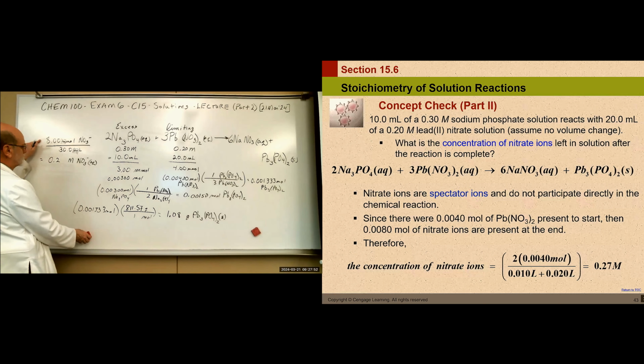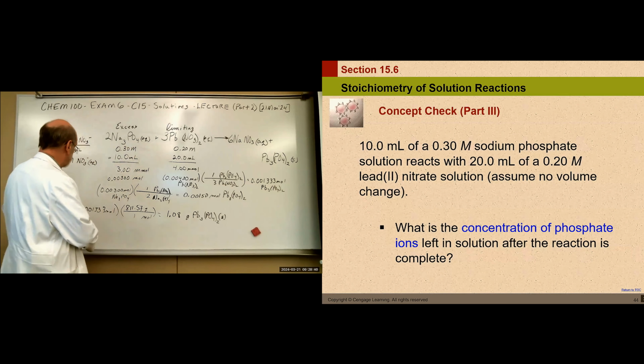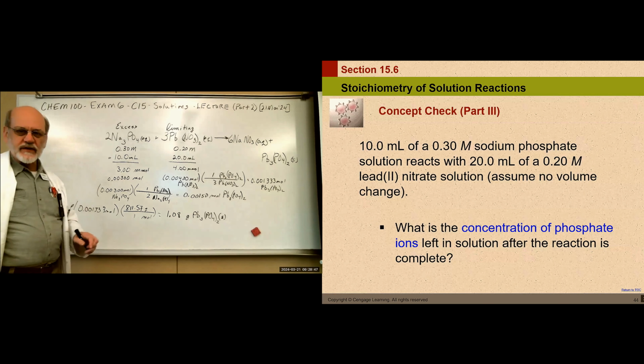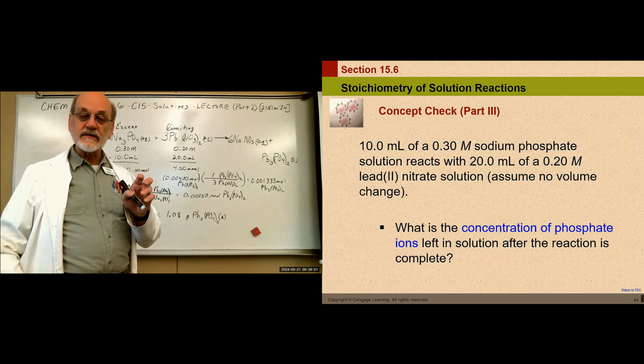That means only part of the phosphate will be used, and we will have some phosphate left over. The way to solve this question is to find out how many we started with, how much we used, subtract it, and that's what we're left over. That's what's remaining divided by the total volume will give us the concentration of phosphate.